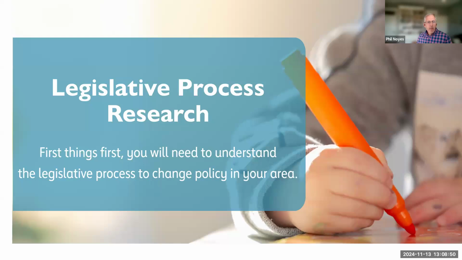Next slide. So the first things first, you really want to understand the process, and you shouldn't overlook understanding what the change-making process is, so that you know what you need to do. So next slide.